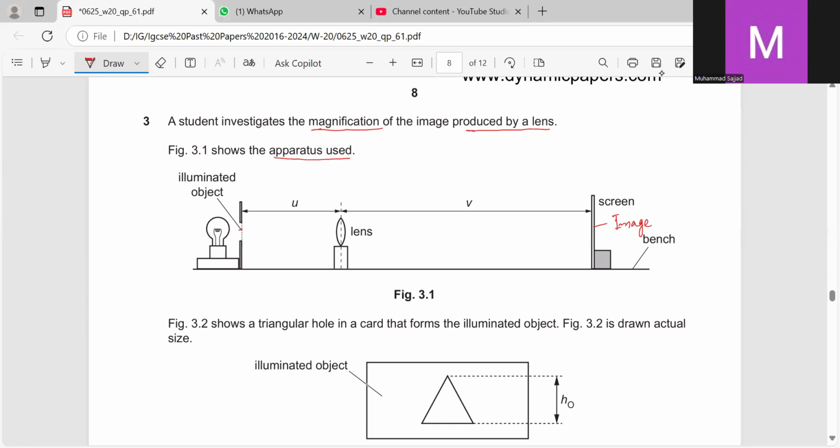These are the distances where the image on the screen is not blurred. It is a very clear, distinct, focused image, and then we measure this u and v, and we finalize the position of the lens or the position of the screen.